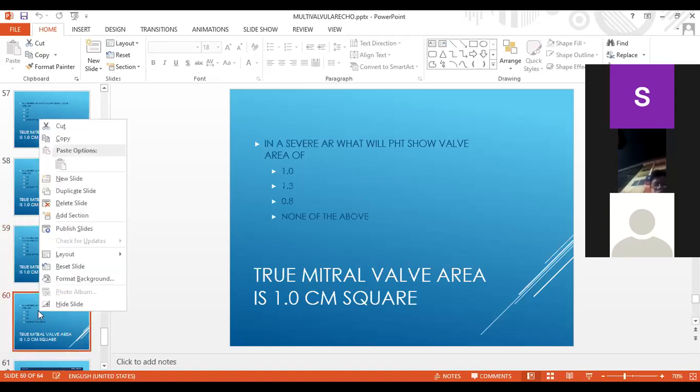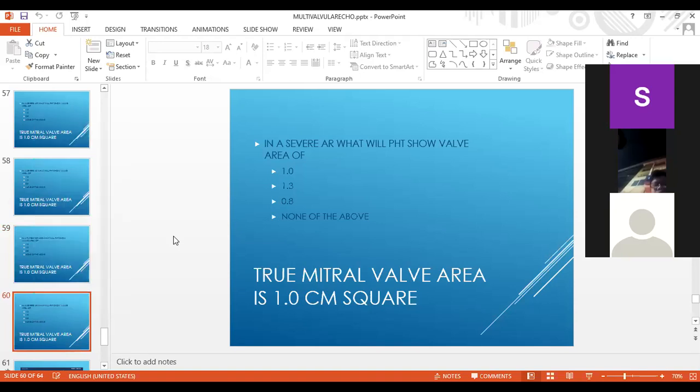One more. What happens in severe AR? We have discussed some bit of it, but severe AR is a little bit of a tricky situation. If the jet is central, a central jet will always decrease the pressure half time, because there is a sudden increase of left ventricular end diastolic pressure.